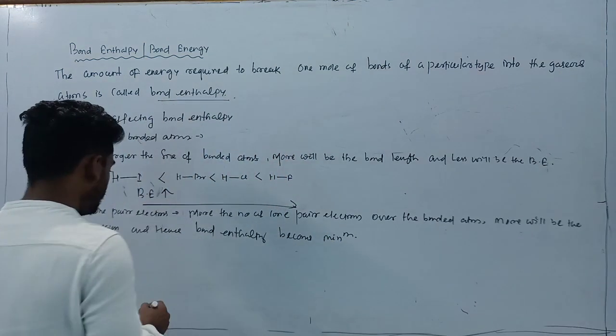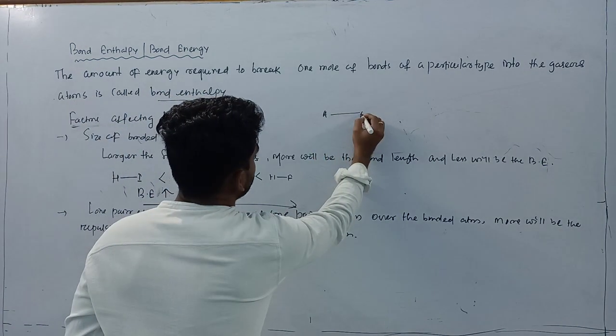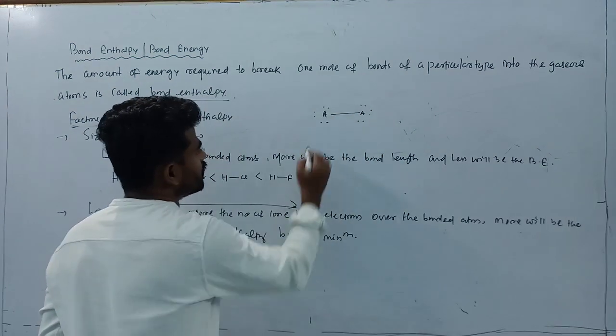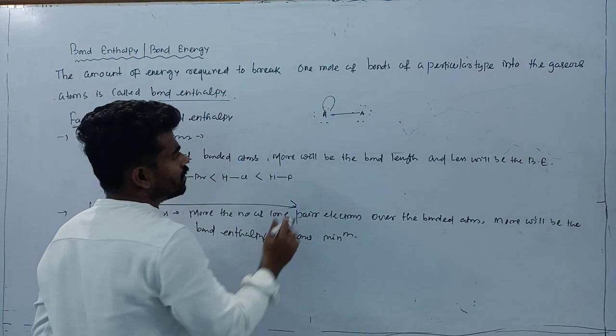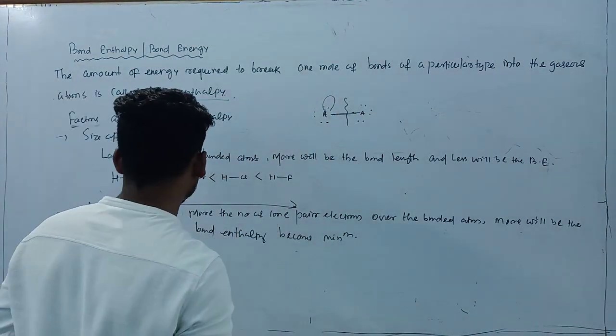That means if the number of lone pair electrons is maximum in a molecule like A-A, the lone pairs and bond pair try to repel one another. As a result, this bond can be easily broken by applying a small amount of energy.